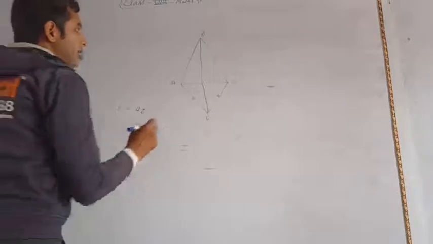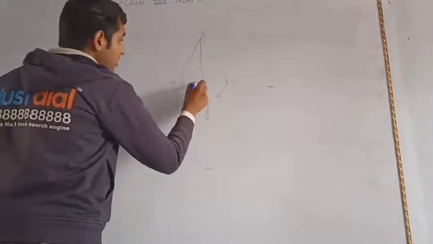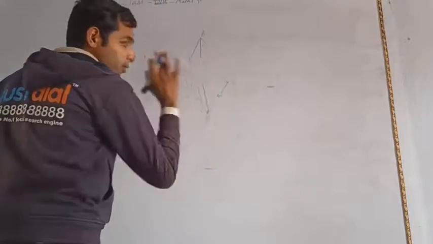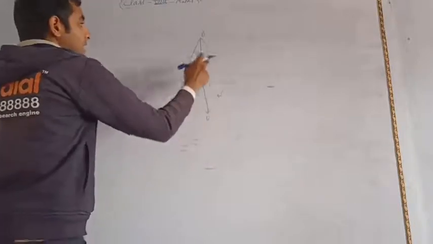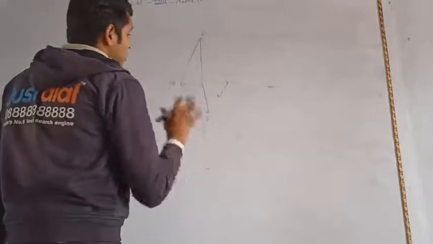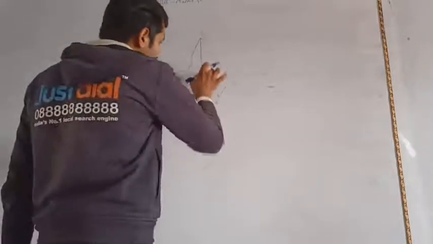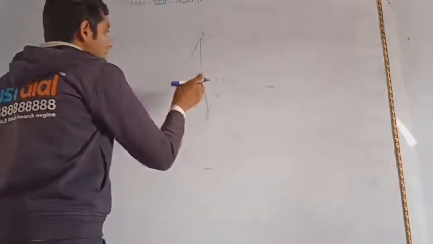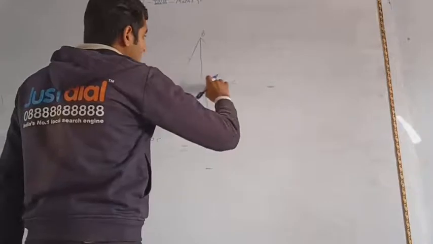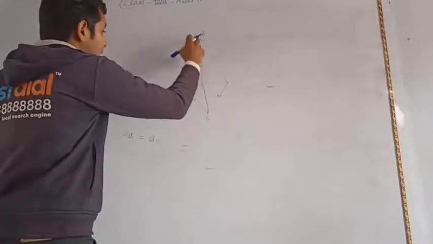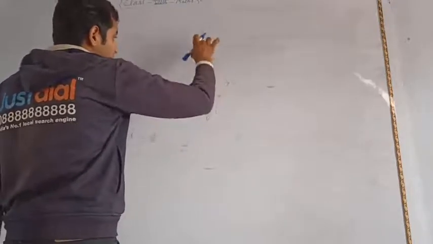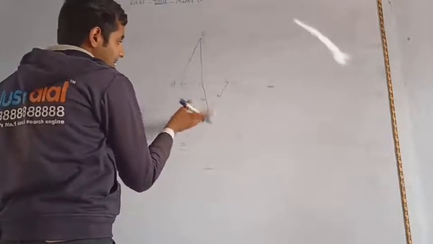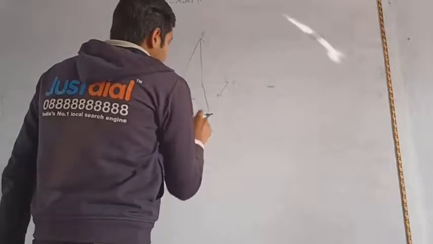And if there is a point O, then AO is equal to OC, and also BO is equal to BO. So here also the side congruency rule follows. Two triangles are also formed, above the line AC, BAC, and below the line AC, ABC.